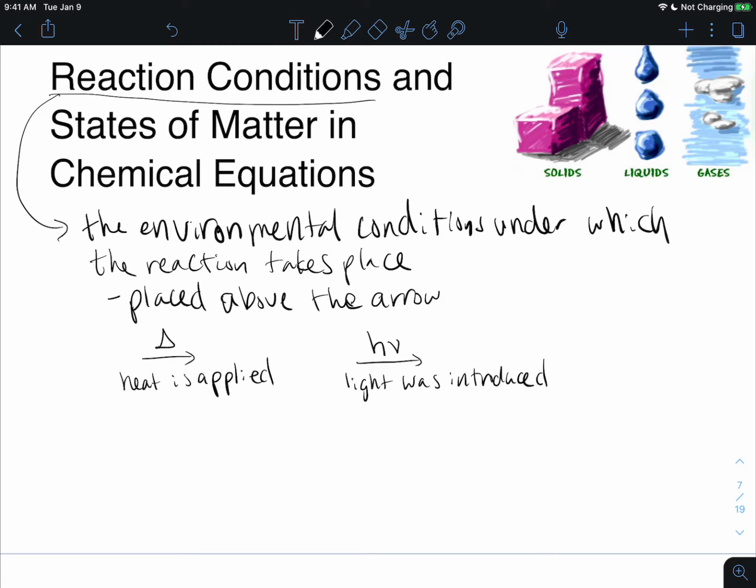to take place. Another thing that's often shown is physical states of the reactants and products.